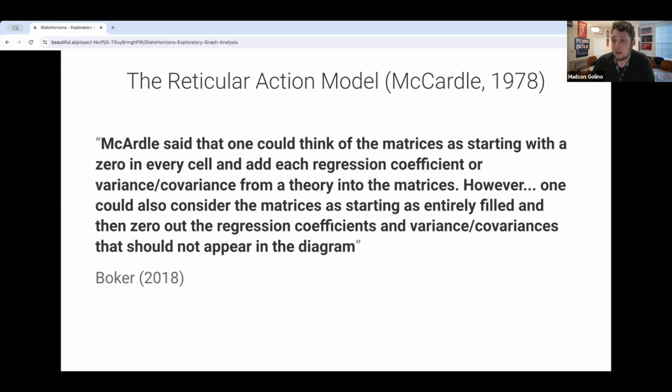That's the basic idea behind structural equation modeling. However, one could also consider the matrices as starting as entirely filled and then zero out the regression coefficients and variance covariances that should not appear in the diagram.